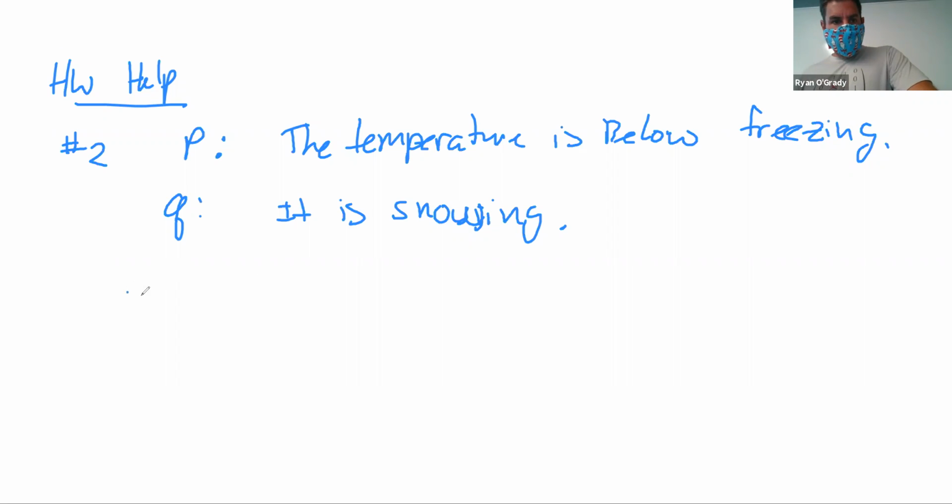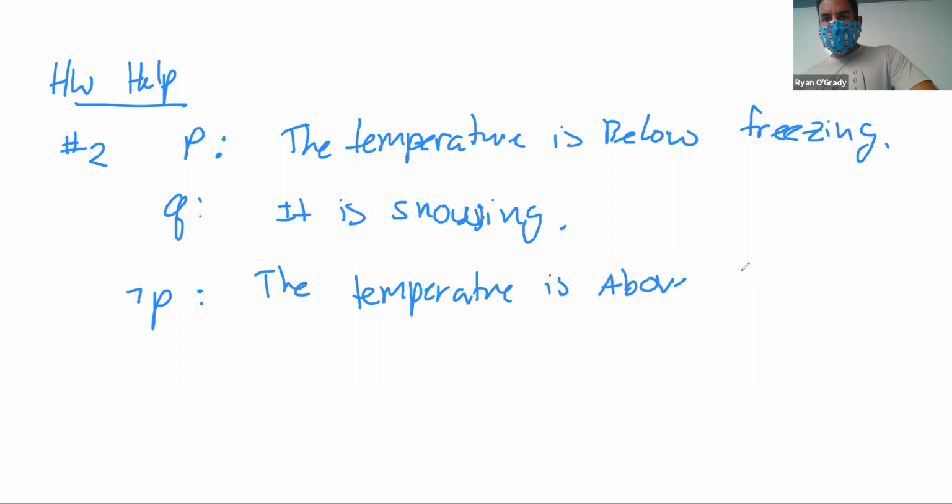Okay, so let's just list some of the basic properties. So not P, you would say the temperature is above freezing. That's one way of saying it. But of course, you could also say the temperature is not below freezing. So I mentioned this as well.